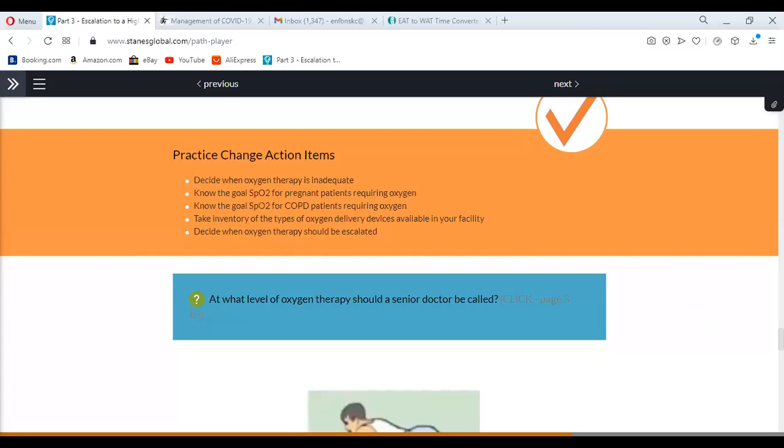So we want them to type into the chat box. Yes, let the participants type in the chat box so that from there we can take on the discussion. Assuming you are with this patient, at what level will you consider calling a senior?